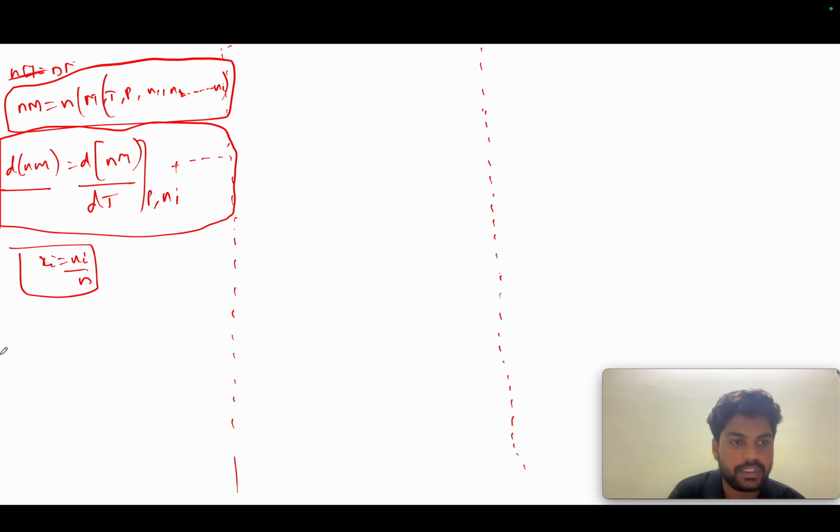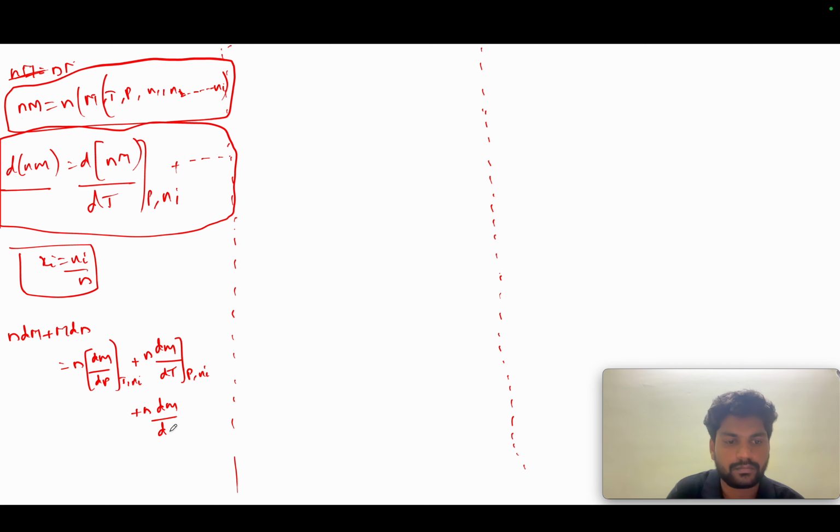Now if I apply the chain rule on this side, n is constant here, so I make n constant. Okay, so this is the equation which we have.